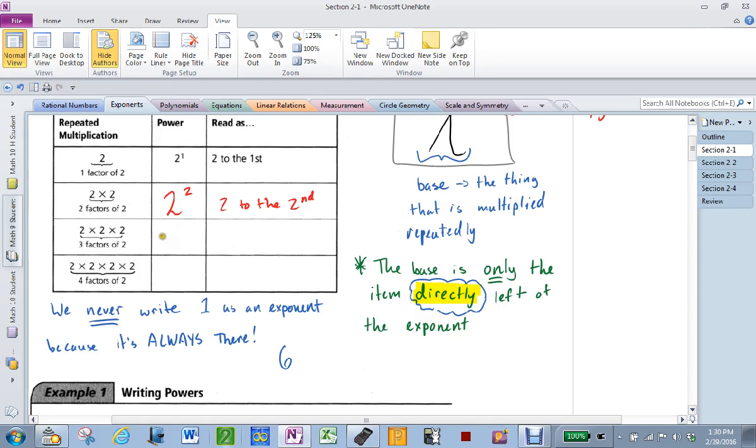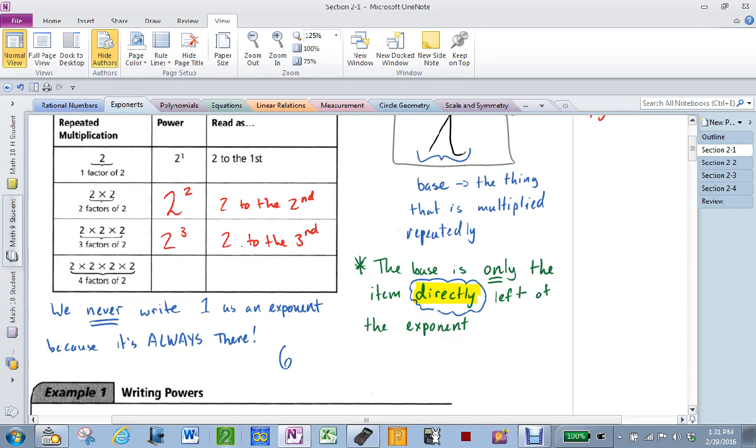So what's the base here? Still 2. How many 2's are there? 3. So this is 2 to the third, the third power, which also has a special name, cubed. There's nothing past that.